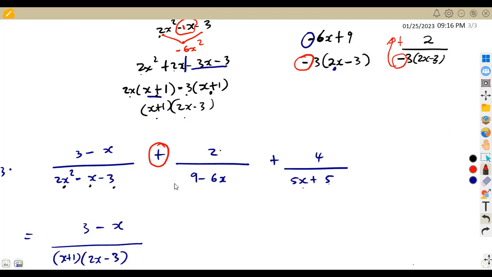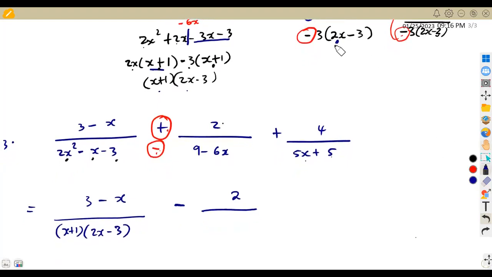You had a positive. With the negative that you factored out now, which sign is going to remain? Because it's a positive versus a negative, remember, positive and negative gives us a negative. So it's going to be negative 2 over the part that we obtained after factorizing. So we are no longer writing this negative because we used it on this plus.